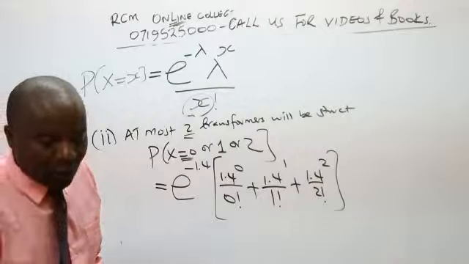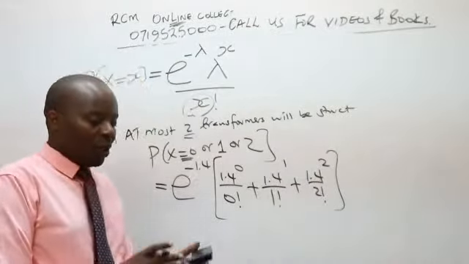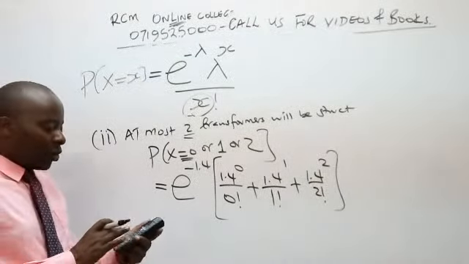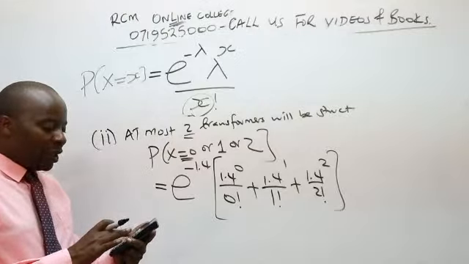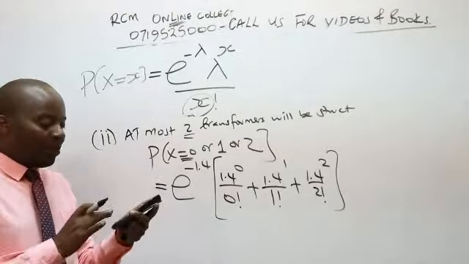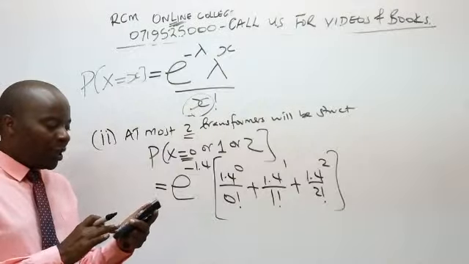The moment you get out your calculator, you'll be able to get this very easily. So first of all, E. So we have shift E minus 1.4. You say equals first.